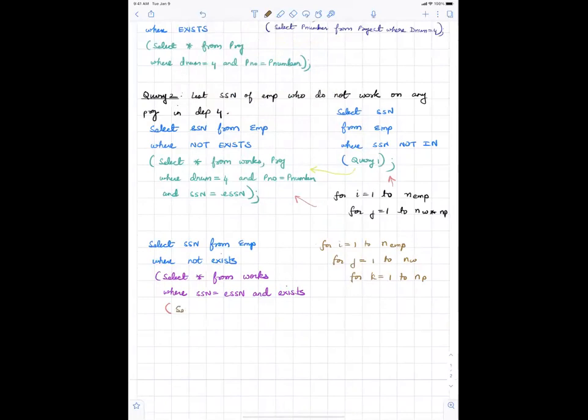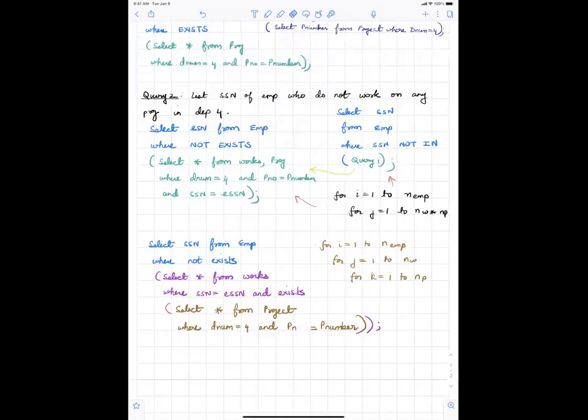And then the last one is select star from project, and P number is equal to... I don't remember whether the works table used PNO or P number, I think just PNO.